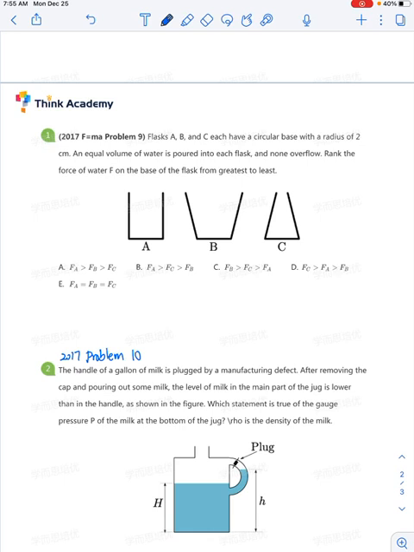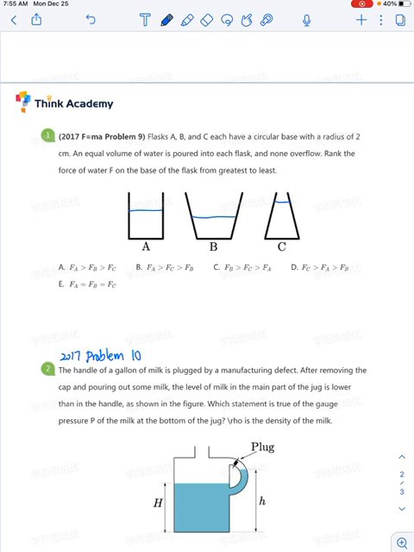In this case, you can just think about it: if we have an equal amount of water here, obviously the last one is going to have the largest depth, right? And then A is going to have a smaller depth, but still more than B, because container B has a larger and larger radius, whereas C has a smaller and smaller radius.